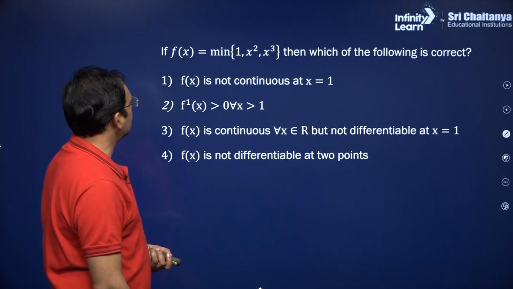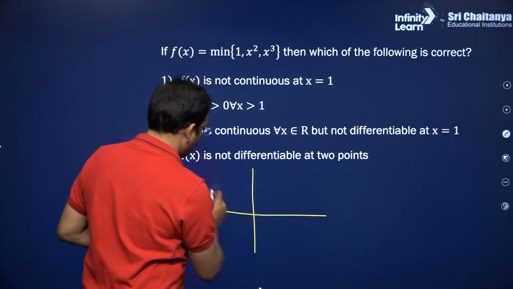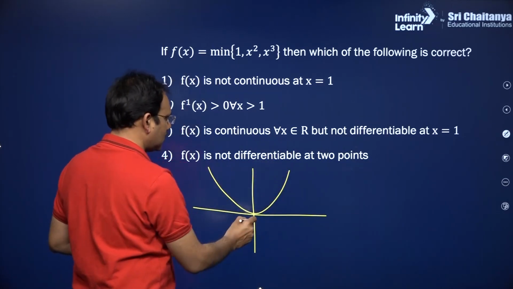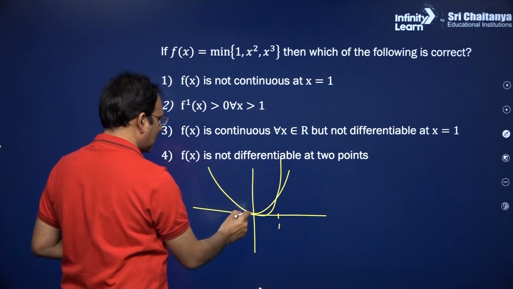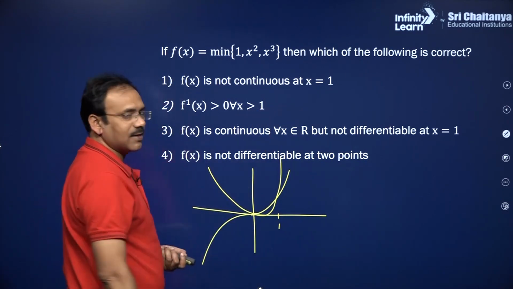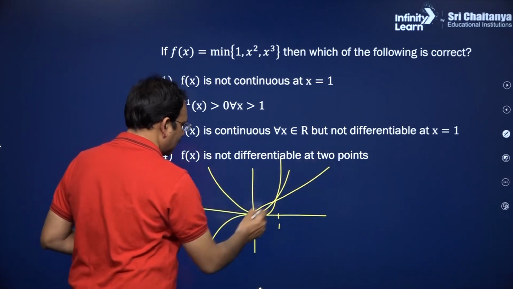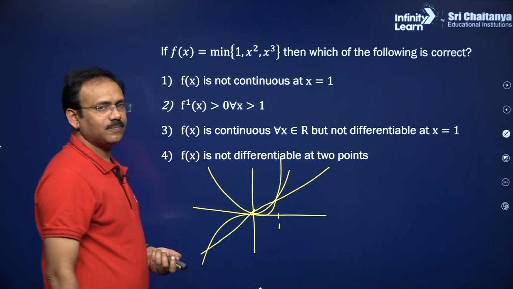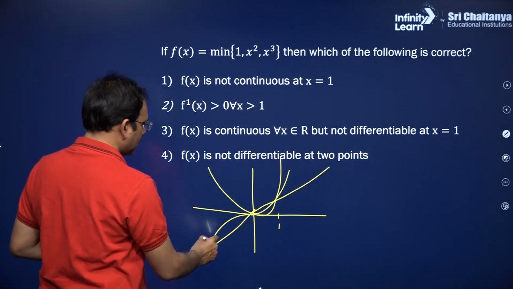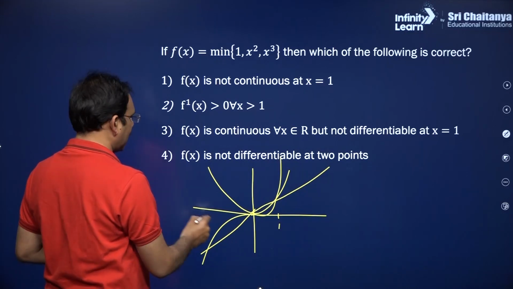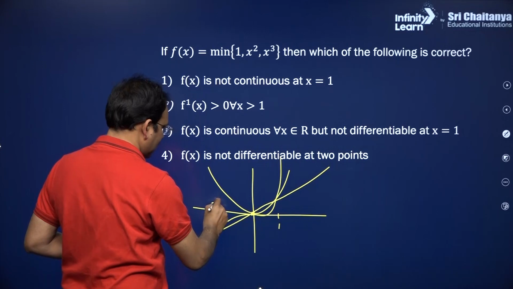Next, minimum of 1 comma x square comma x cube. Here y is equal to x square graph is this, suppose this is 1, x cube will be below here but it goes up here and x cube comes like this. Y is equal to x means at 0 0, at 1 1, this is the 1, my dear friends. Now, minimum of these, in fact these two will meet at minus 1, this line and this will meet at minus 1.